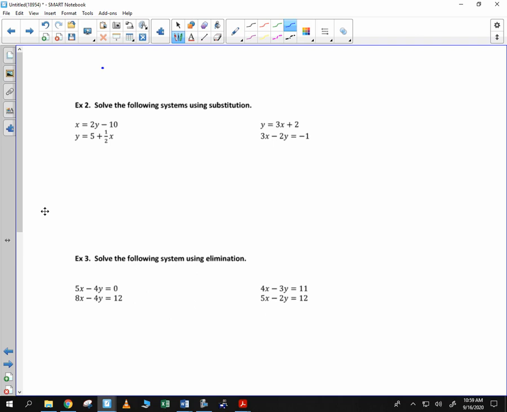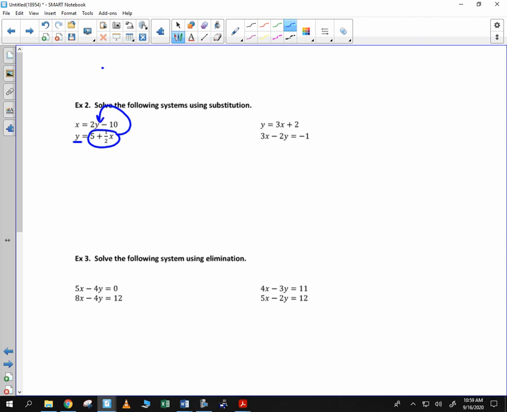If we don't have a graph, we can use algebraic opportunities. So this is solved by using substitution. Substitution is when you know a variable. So here we have a y equals or an x equals. Because we have y equals, I'm going to take this and plug it in for y.